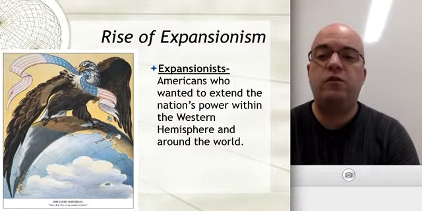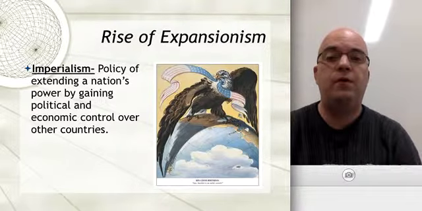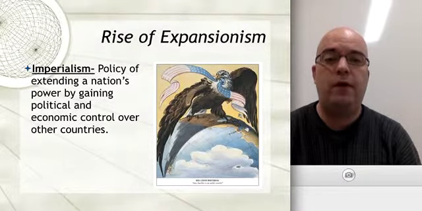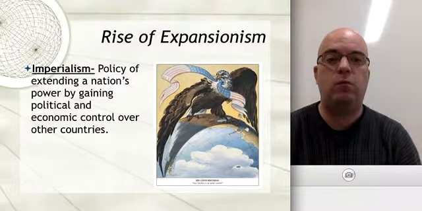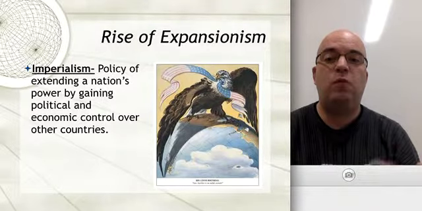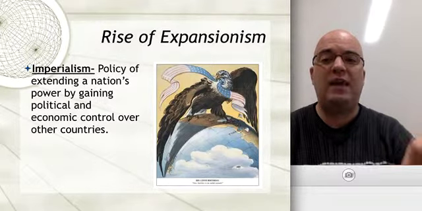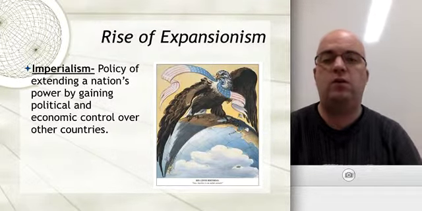Another term we use to describe expansionists is imperialism. Imperialism is based upon the root word of empire. Think about empires like the Roman Empire, the Greek empires, or the British Empire. The idea is that, as a nation, we form an empire by gaining control over other nations globally.